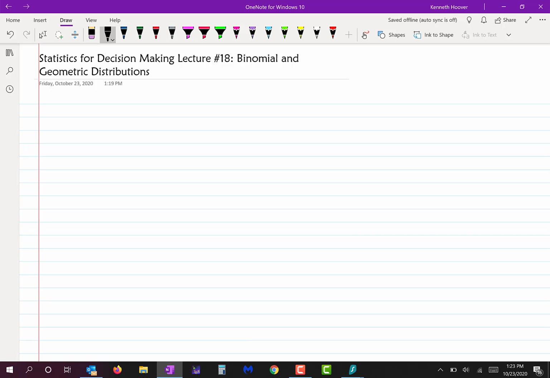Then you could call the outcomes even and odd. Okay, so success, failure, heads, tails, even, odd. You're doing an experiment where there's only 2 possible outcomes. Okay, those kinds of experiments are called a Bernoulli process.